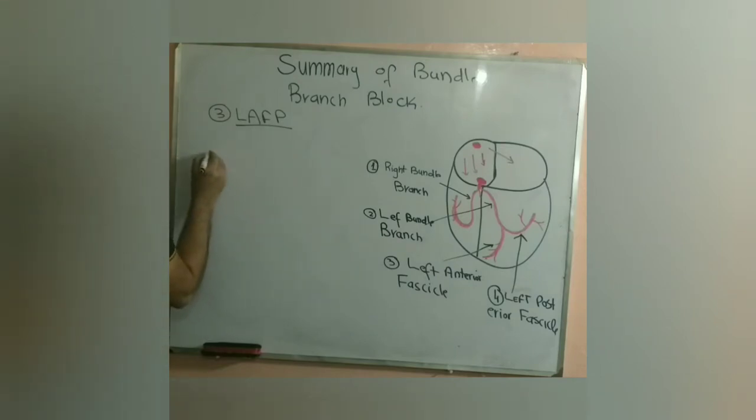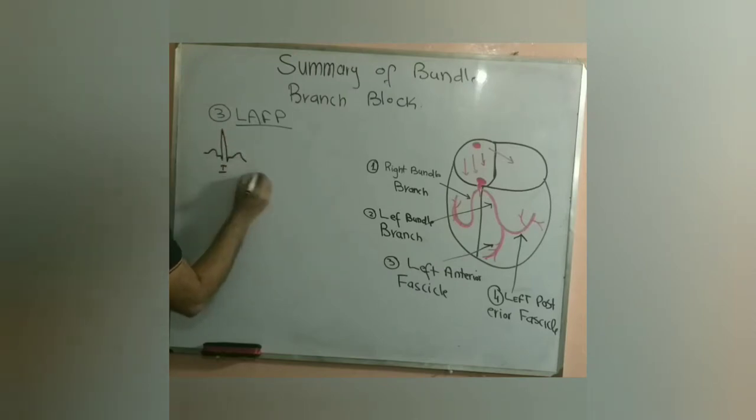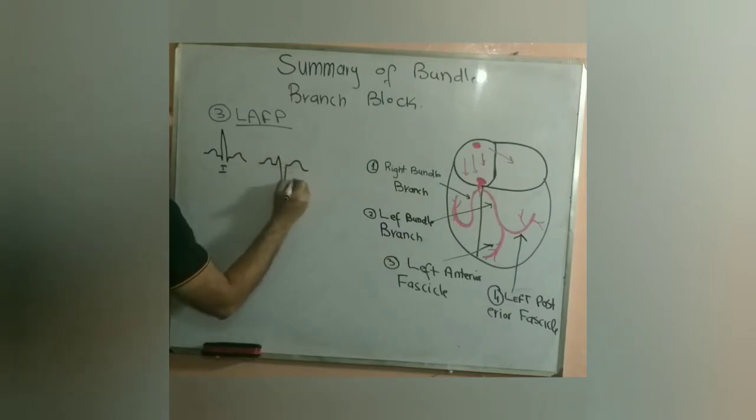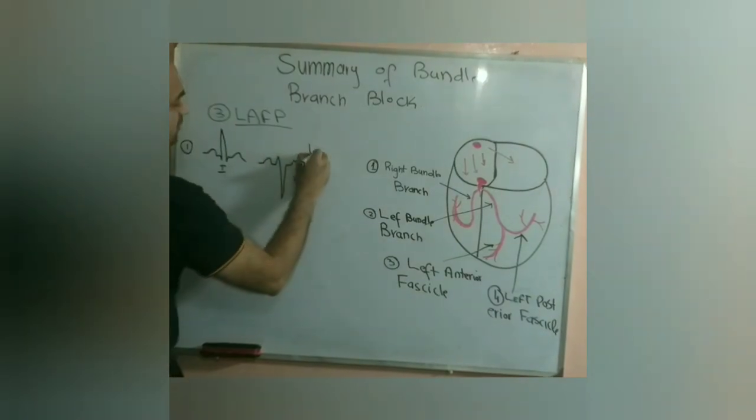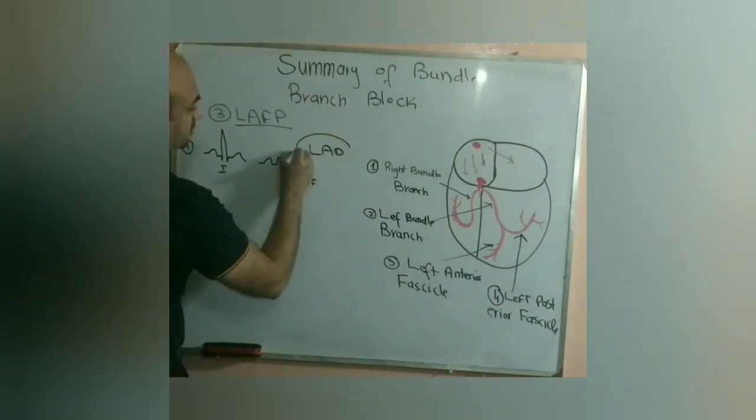There will be left axis deviation, lead 1 positive and lead AVF negative. This will be the first condition of the left anterior fascicular block, that there will be left axis deviation.